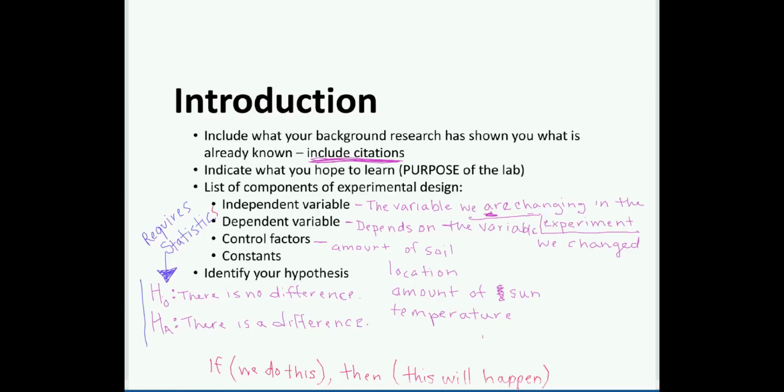Okay, so if we were talking about, for example, we talked about a plant and changing the amount of water, so we could say, let's try one up here.